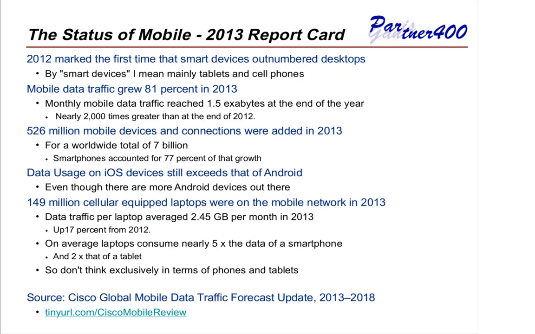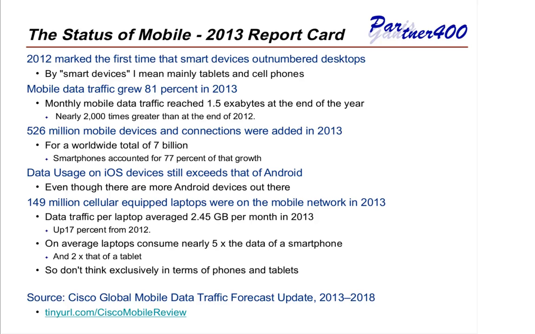Even more scary in some respects, in 2013, mobile data traffic grew by 81%. 1.5 exabytes, however many zeros that is. That was monthly traffic. Then, when you consider that that's grown by 2,000 times since the end of 2012 alone, you get an idea of how important mobile is becoming in our current world.